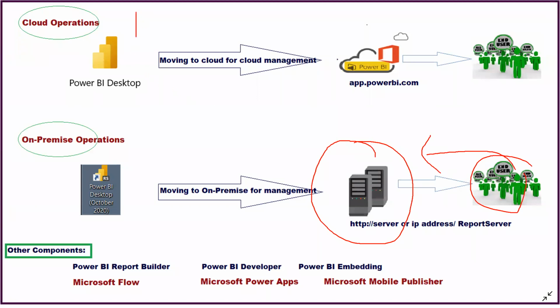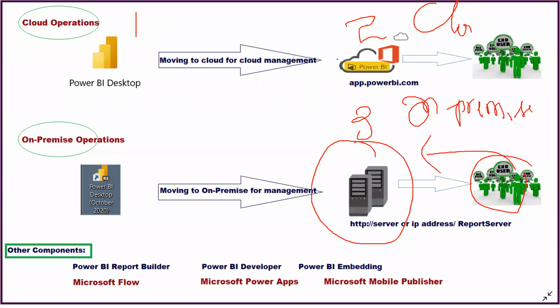So this is the first major component, second component, third component. This is cloud. This is on-premise. Within your company level, you are storing and managing. And there are a couple of other components: Report Builder, Power BI developer, Power BI embedding, etc. These are the components Power BI has.